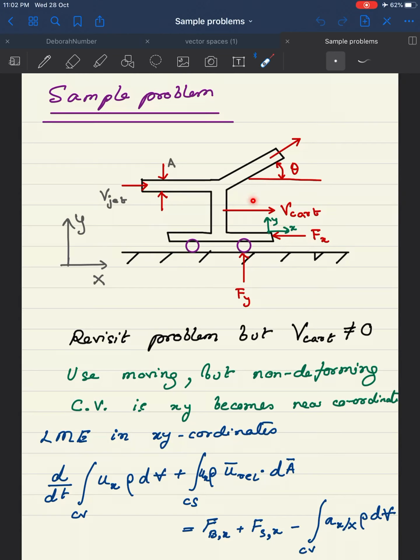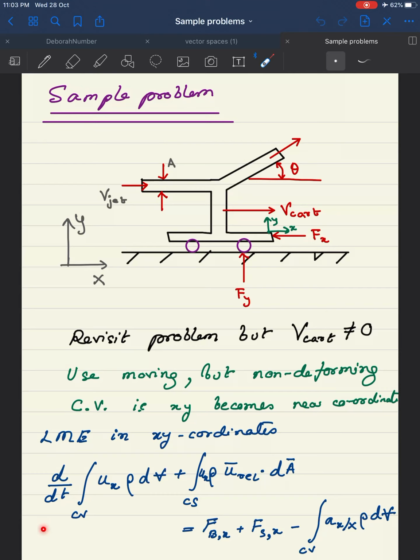So the question would be: what are the relationships between all these different quantities present in this particular problem? If the control volume is moving, then you have to account for that extra fictitious force that comes in because the control volume itself is moving with the cart, and that's exactly what we have done.